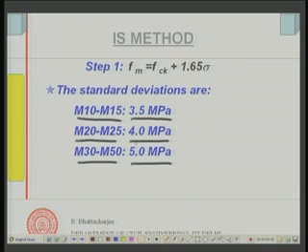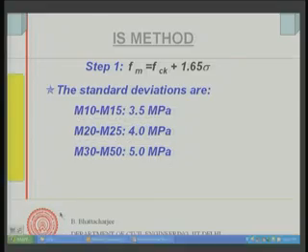So, this is the guideline given, but actually what one should do is, as soon as the data is available, determine the standard deviation from site data.